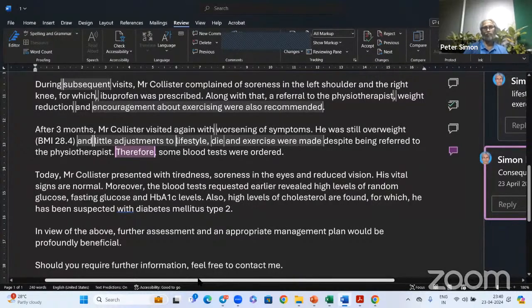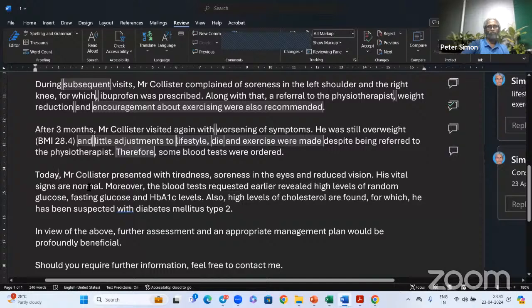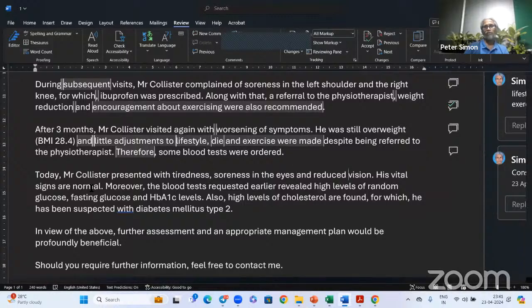Okay. All right. The blood tests which were ordered, here you can write, revealed high levels of random. All these things you can write there. No? So organizing is important. Some blood tests were ordered. Today, Mr. Collister presented with tiredness, soreness in the eyes, and reduced vision.